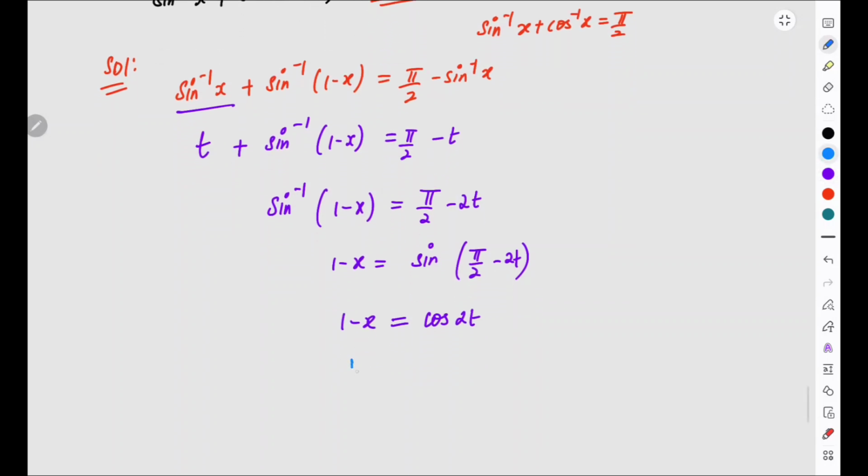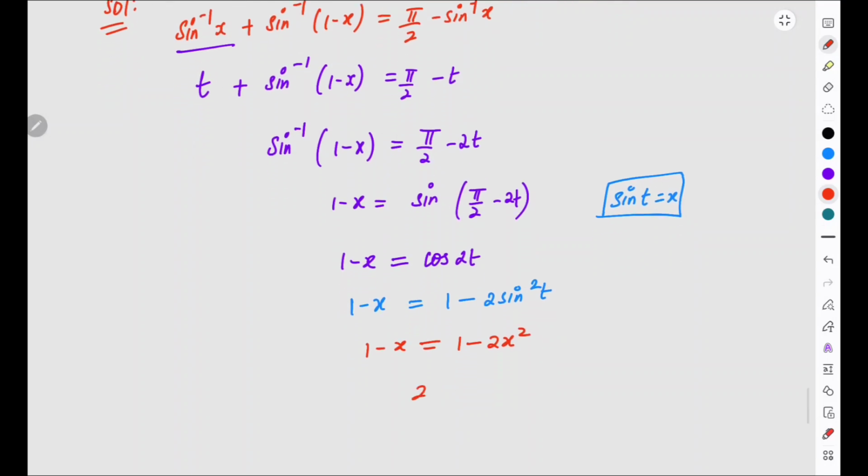What we know, 1 minus x is equal to, cos 2t can be written as 1 minus 2 sine square t, and it's clear that sine t is equal to x. We will replace it there. 1 minus 2x square, 1 minus x here. So again 2x square minus x is equal to 0. X is going to be 0 comma 1 by 2.